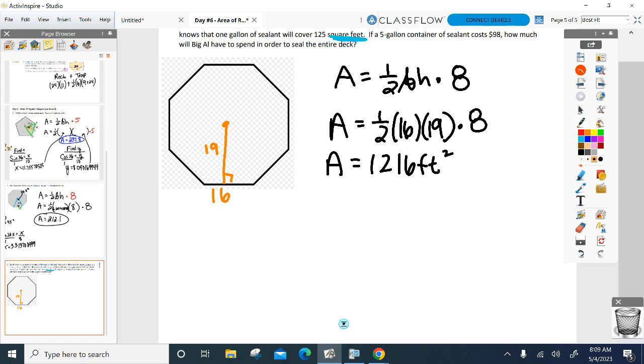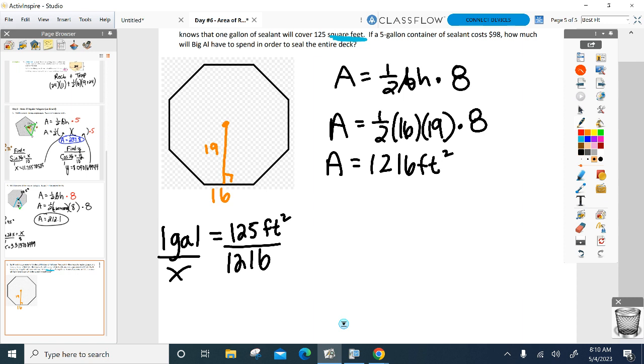Watch. 1 gallon equals 125 square feet. Start off with the fact that you're given. If you don't know whether to divide or multiply, put the units with the same units. I have 1,216 square feet, so it goes with the square feet, and I'm trying to figure out how many gallons I need.